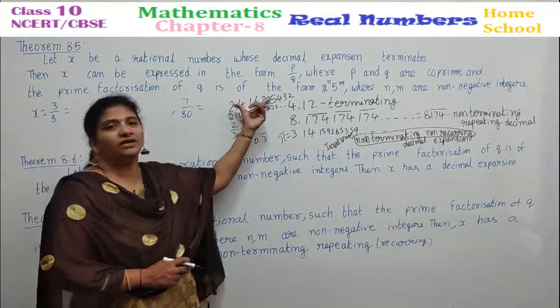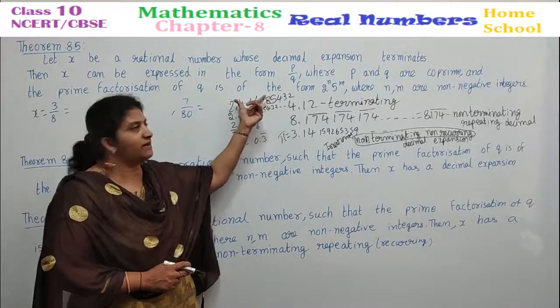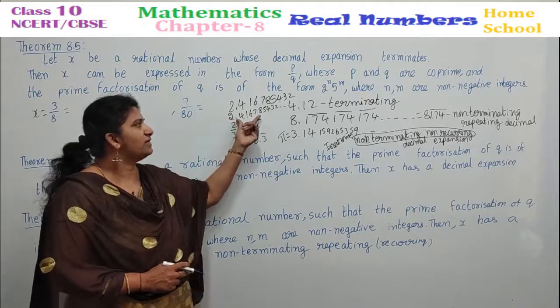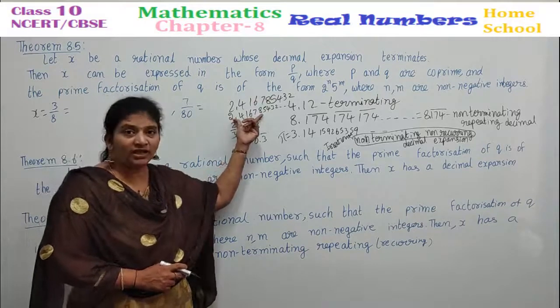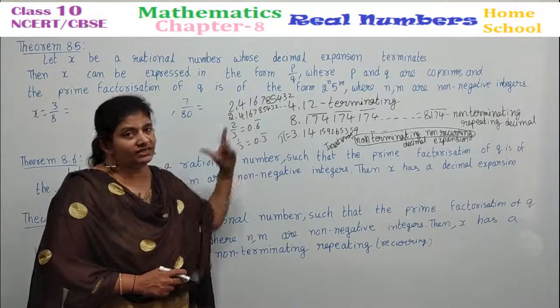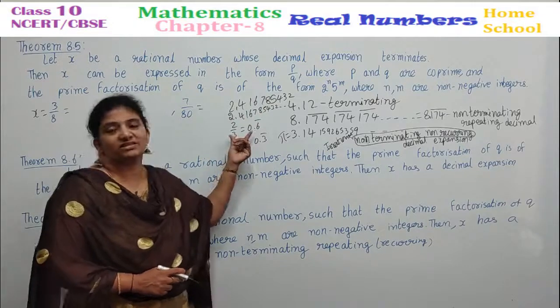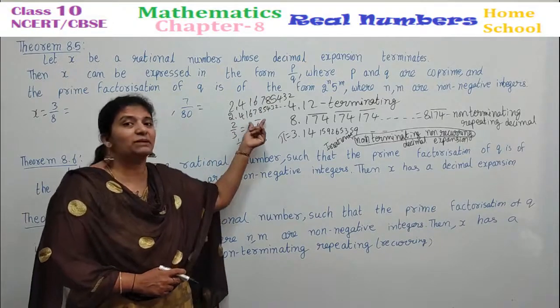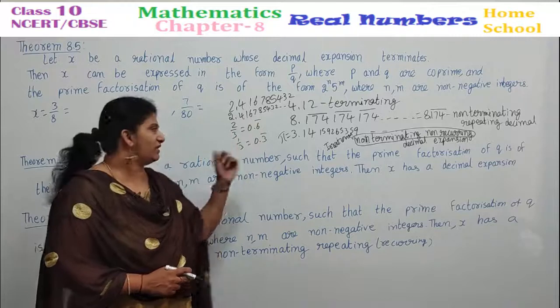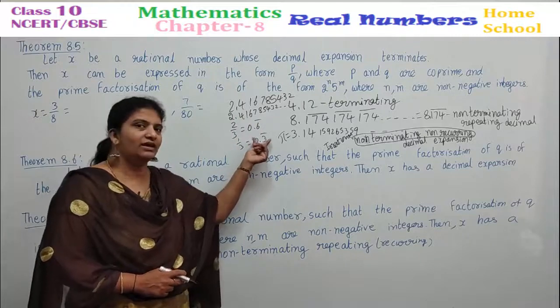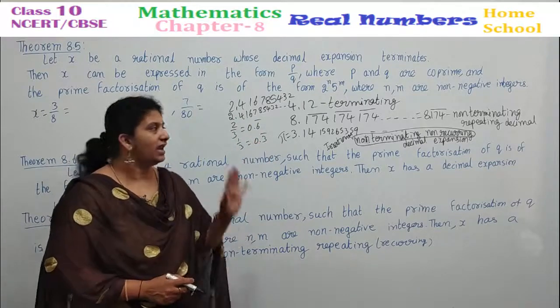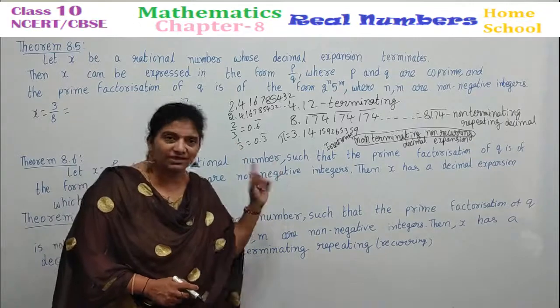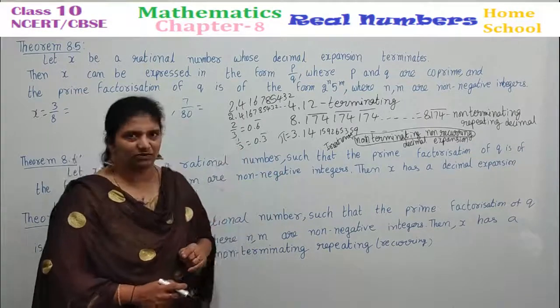And this one, terminating decimal expansion. And this one it is non-terminating, repeating or recurring decimal. Like this, you just understand all these concepts. Then we see the statements.